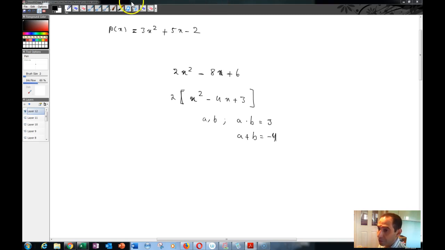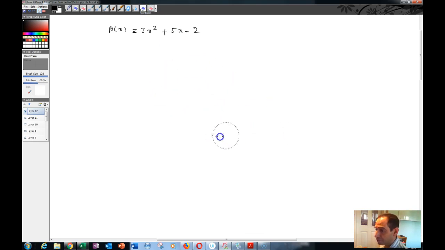Okay, so basically in such cases, in order to factorize this polynomial, you could be looking for two numbers a and b such that a times b is equal to 3 times negative 2, which is equal to negative 6, and a plus b is equal to 5.